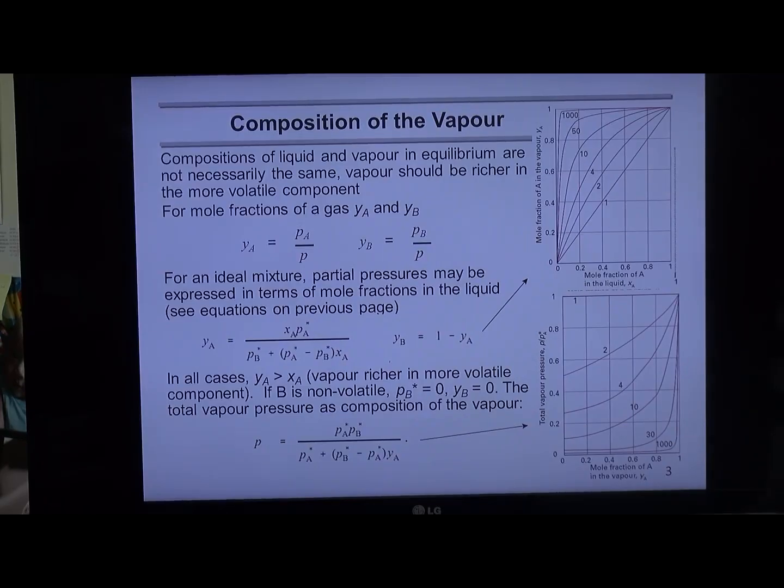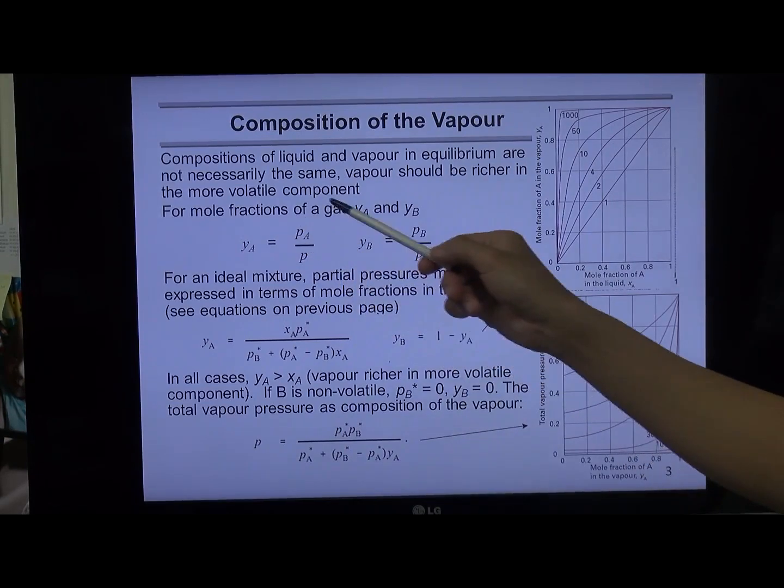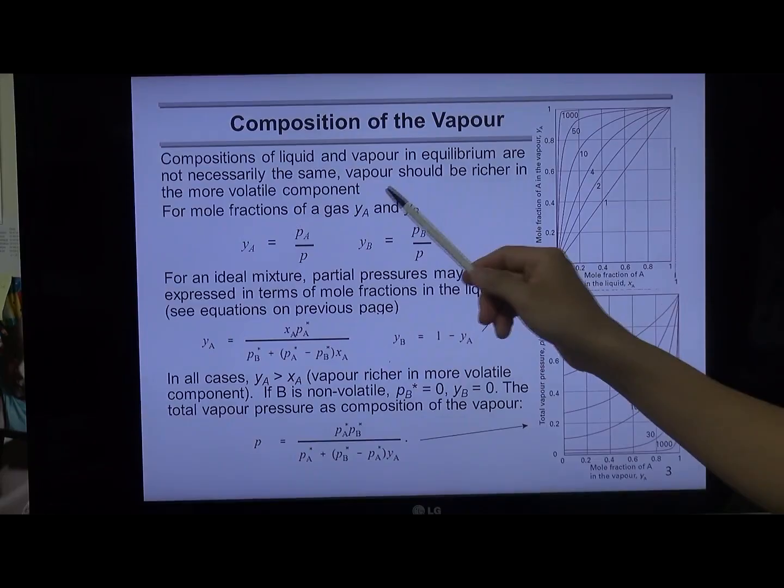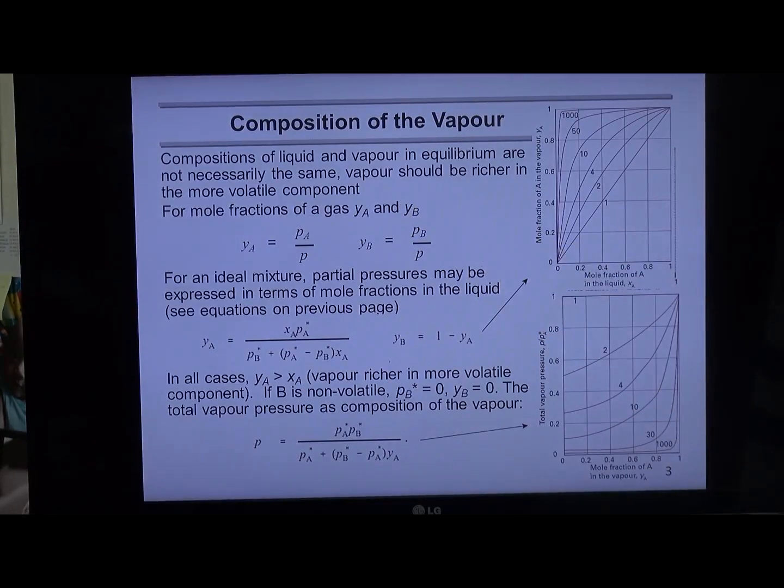So, if you recall, XA and XB are mole fractions in the liquid mixture. Let's denote mole fractions in the mixture of gas as YA and YB.